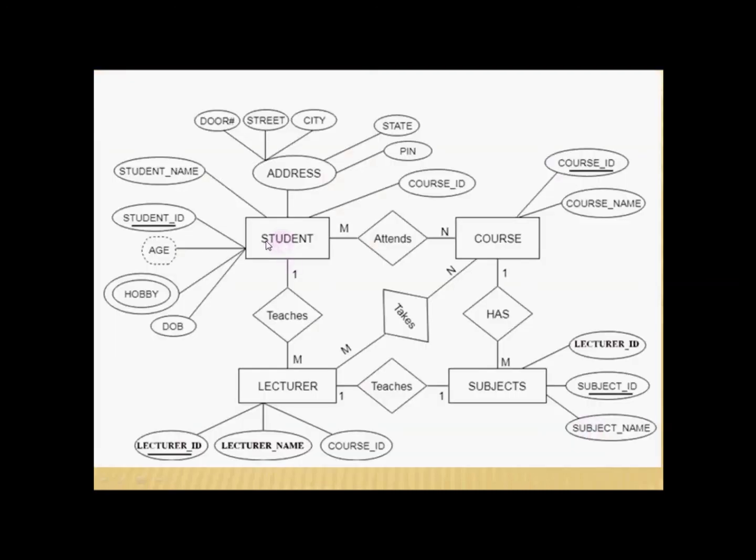You can see here student, courses, lecturer, subject are nothing but the entities. These are the keys for the student table, this is the key for the course table, this is the key for the subject table, this is the derived attribute. Age can be a derived attribute, as I said just a minute before. This is the multi-valued attribute.